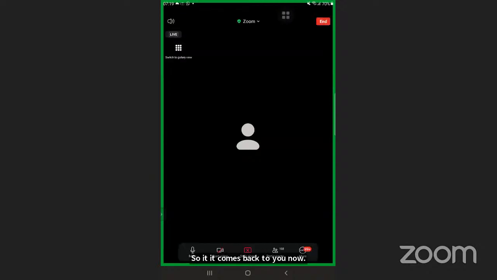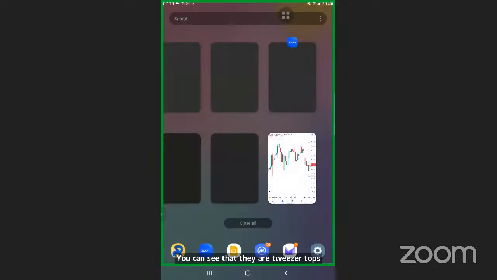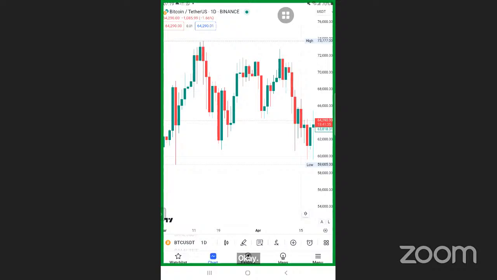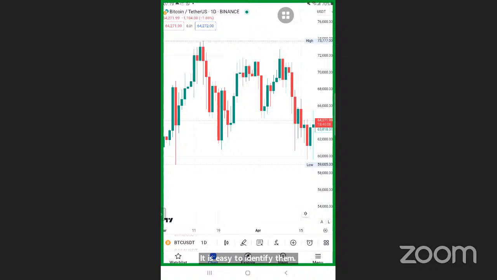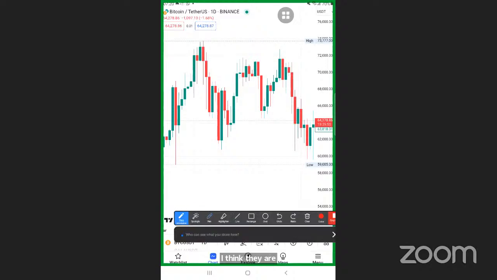So those are tweezer tops. You can see that they are tweezer tops. It is easy to identify them. Like I said, the chart patterns are a profitable market concept and they are easy to identify. I think they are appearing 3 times in a row.